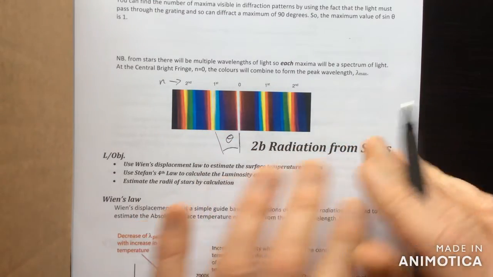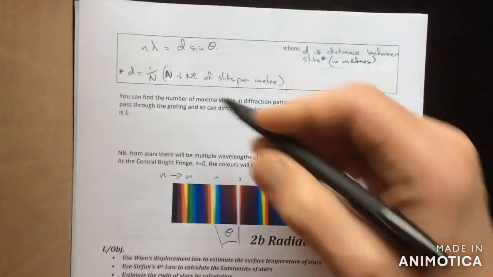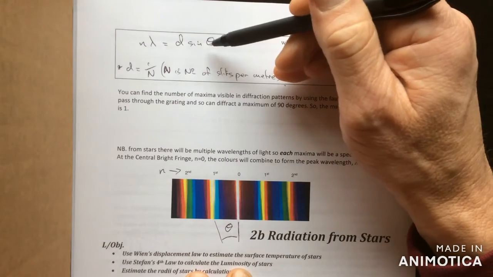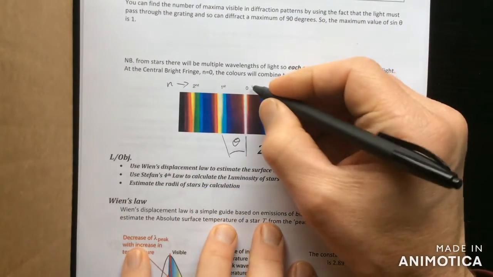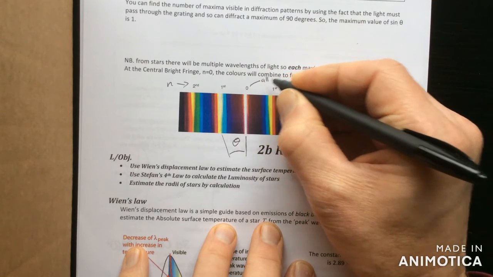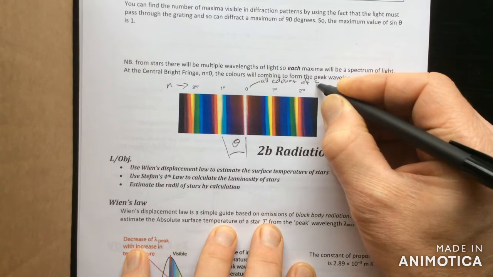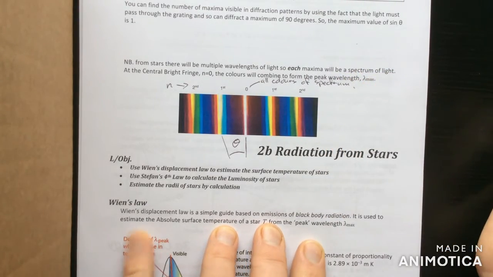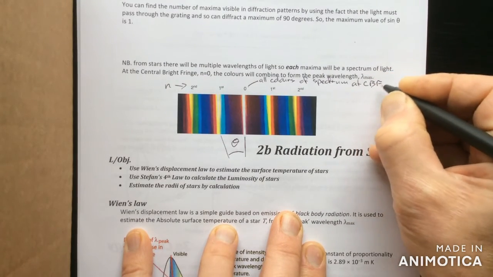If you get further out, they tend to overlap. In the middle, where you have the zero fringe, you won't be able to work anything out because there's no angle, but it does mean you've got all of the wavelengths, all colours of the spectrum. It's worth pointing that out, because guess what comes up a lot in questions? The CBF, central bright fringe.